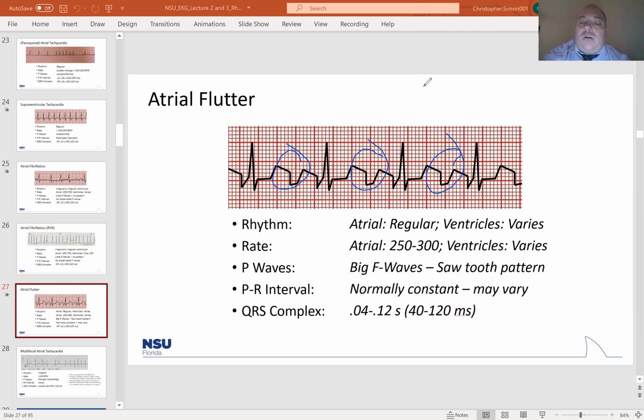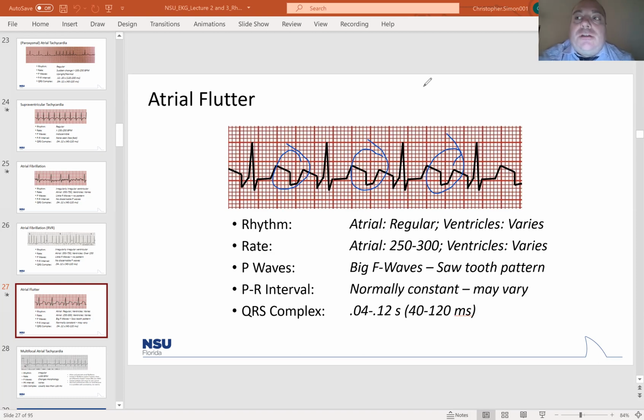What I'll say though about the R to R intervals, guys, is that generally speaking, A flutter, it just depends. A flutter 2-to-1, 3-to-1, 4-to-1 conduction is generally going to be a regular R to R interval.